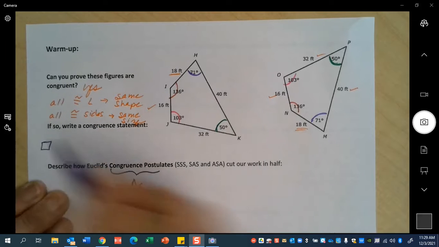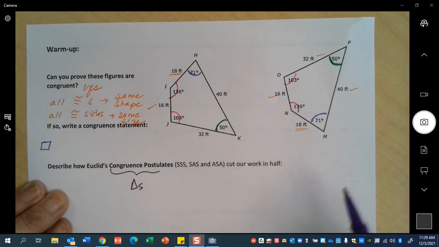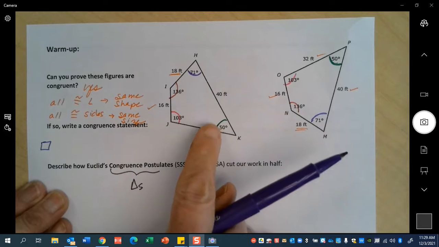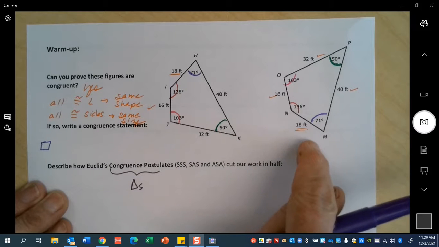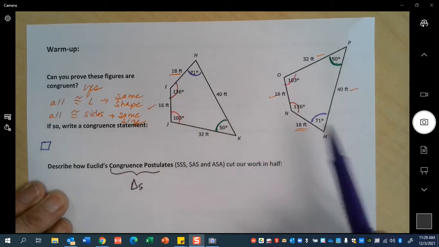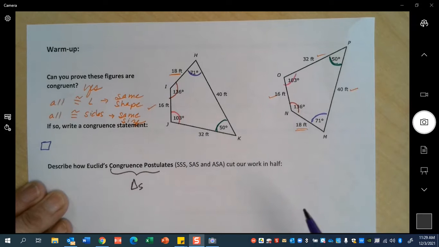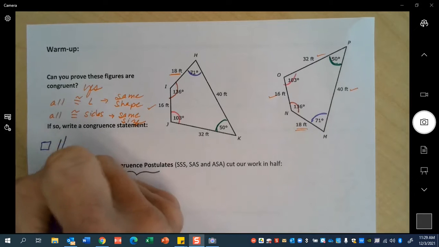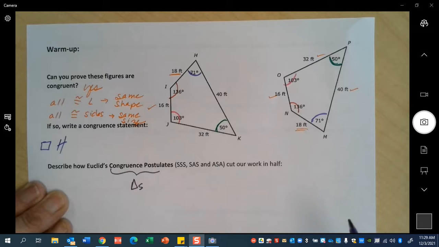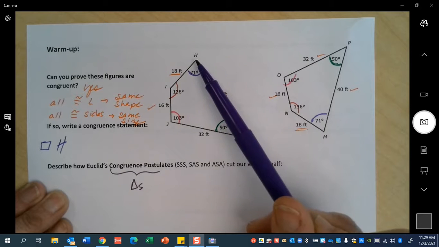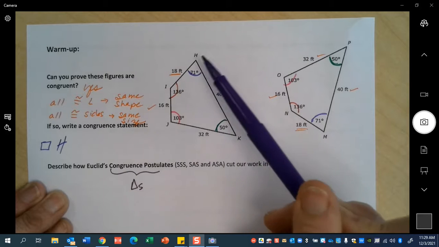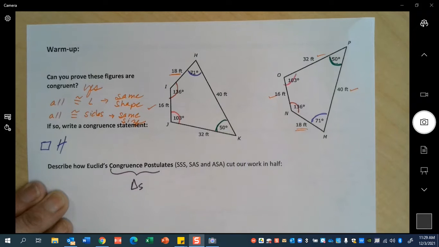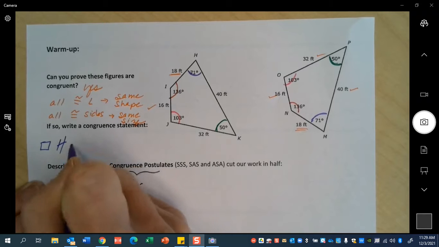It's a quadrilateral, so I'm just going to draw a 4-sided shape. And when I name this one, it's going to set the stage for how I name this one. I can start with any vertex. Call one out. H. I heard it. Okay. When I name my figure, I have to go either from H to I or H to K. Nobody cares which way around the figure I go.